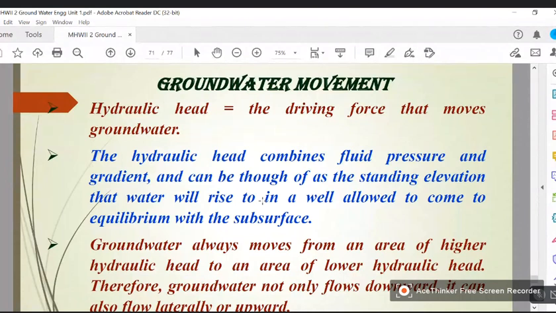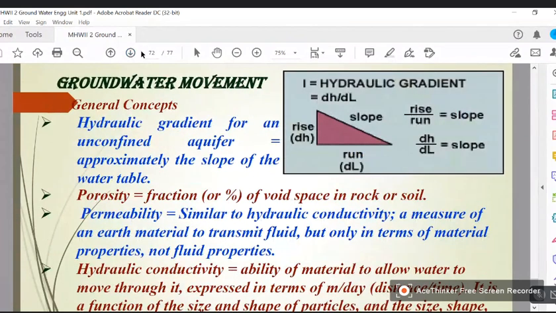Now, the general concepts of groundwater movement will be dealt with. Let us consider the hydraulic gradient, that is dH by dl. See, this is the piezometric head here, and this is the piezometric head here. So what is the slope? Slope is the rise or difference divided by the length.